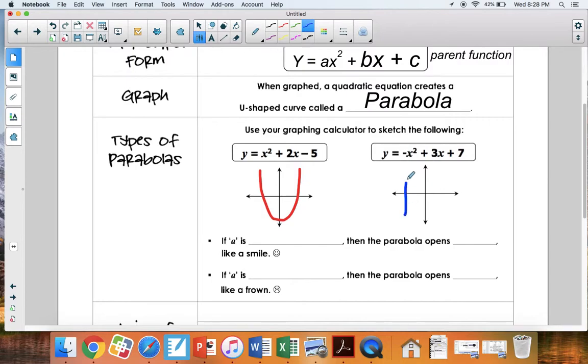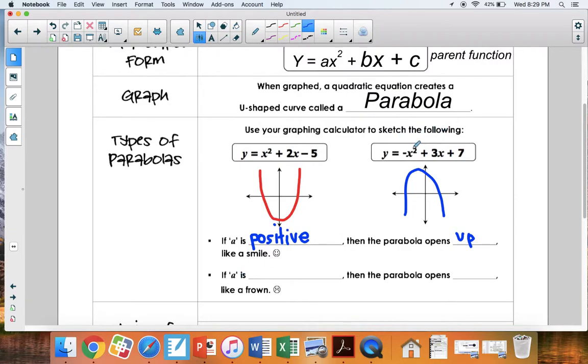So we know that if a is positive, the parabola opens up, and it's like a smiley face.